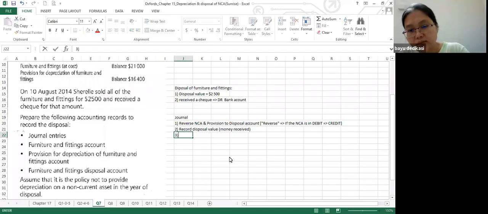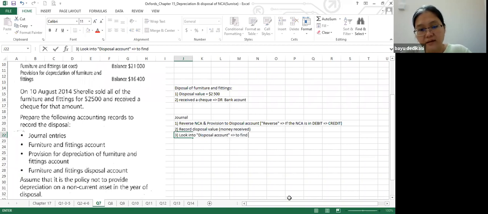Okay, number 3. With these 2 and 3, now look into the disposal account. Find the gain or loss on disposal.